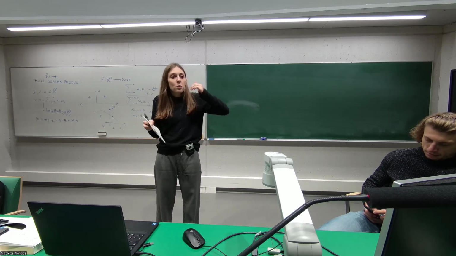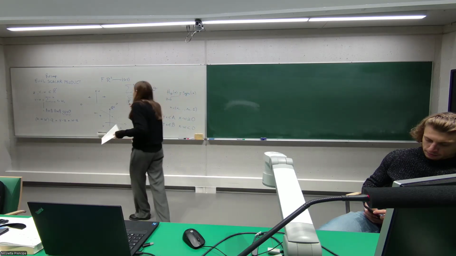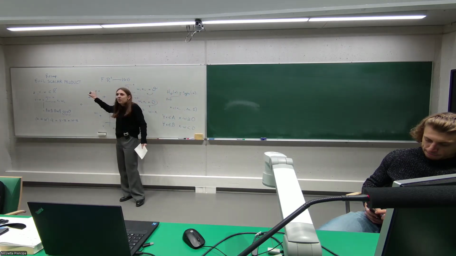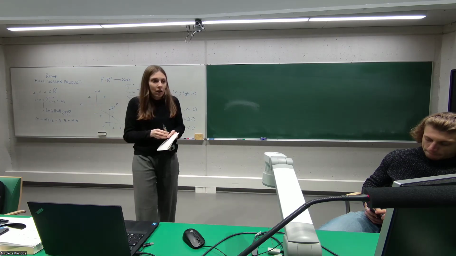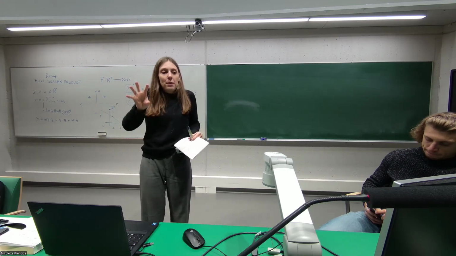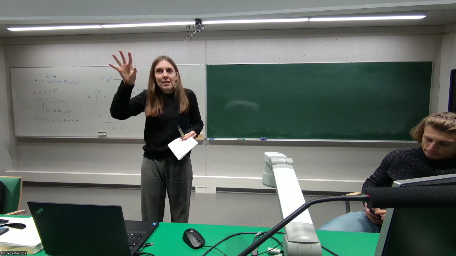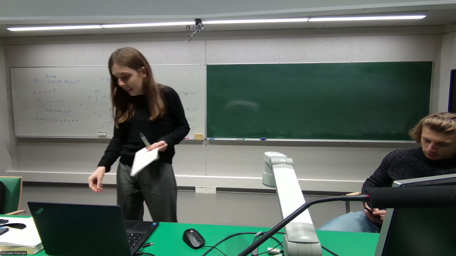So the question is now about finding the vector. We want W such that all the points of P belong to the open positive half space, and all the points in N belong to the negative half space.